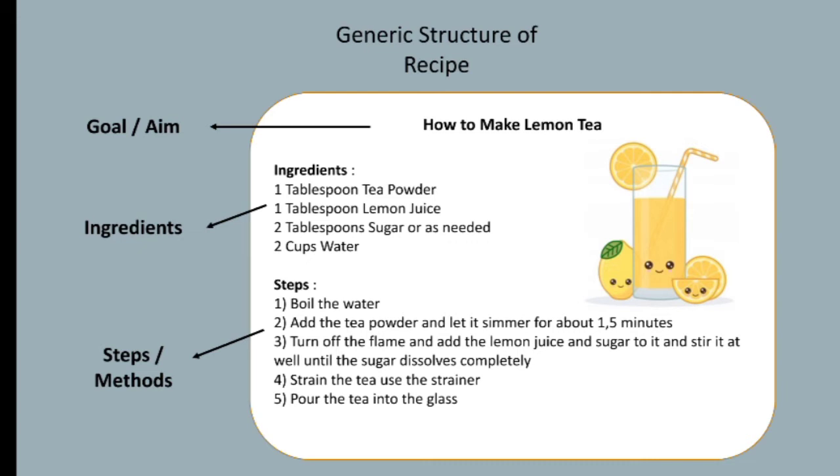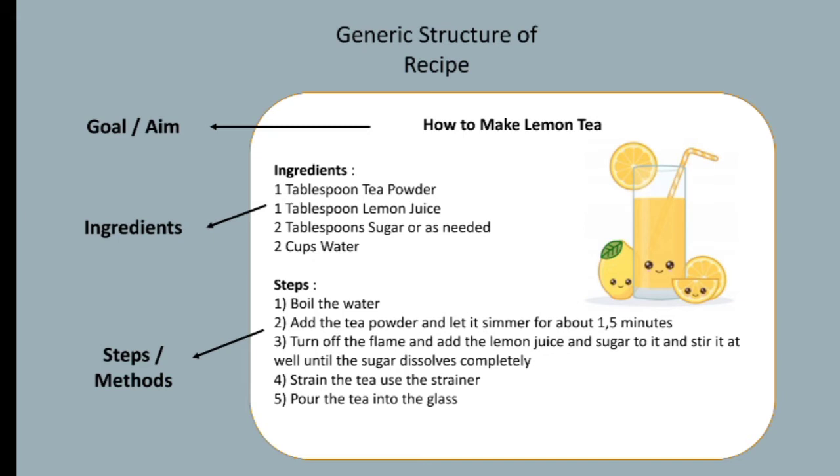Okay, next we have the ingredients. Ingredients are what you need to make lemon tea. And in the PowerPoint, the example of ingredients is 1 tablespoon tea powder, 1 tablespoon lemon juice, 2 tablespoon sugar, and 2 cups water.